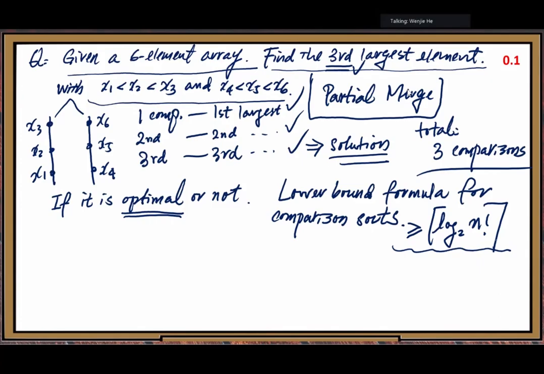But another question: if you cannot hit this lower bound, your solution is a little worse than this lower bound, does that mean your solution is not optimal? Think about this question. Sometimes you may not be able to reach this lower bound.